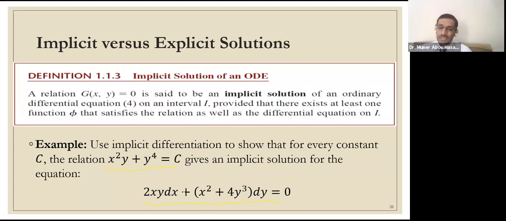So now the question is to check that this relation is an implicit solution for this differential equation. Just a minute, Professor. Why did you say it is implicit? Why isn't it explicit? Implicit because you can't find y here on the left-hand side, and the right-hand side contains only x. So I call it implicit.